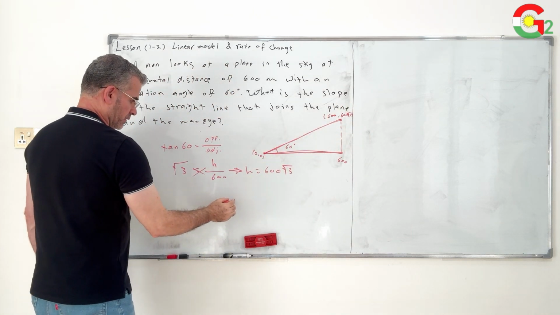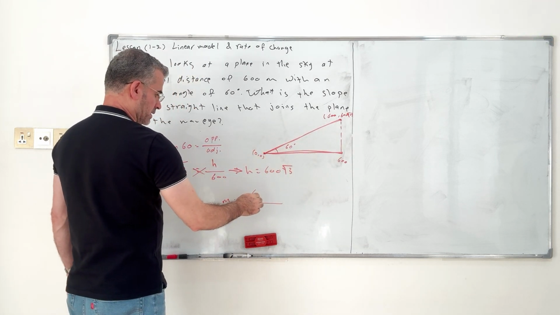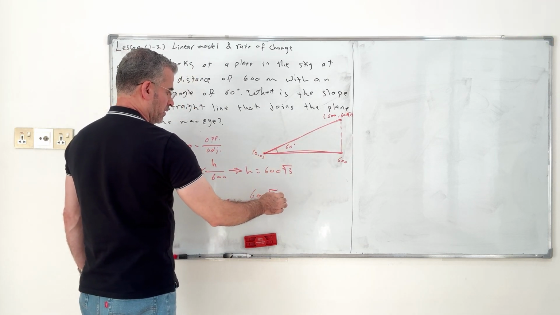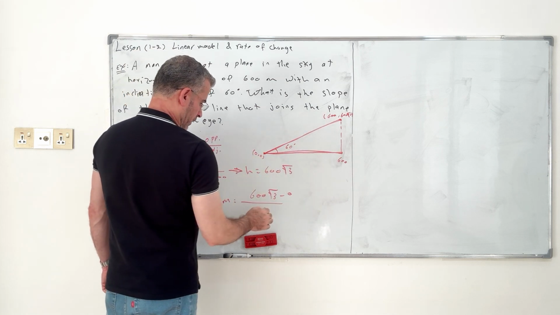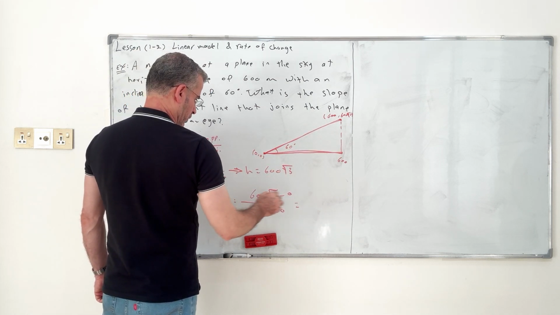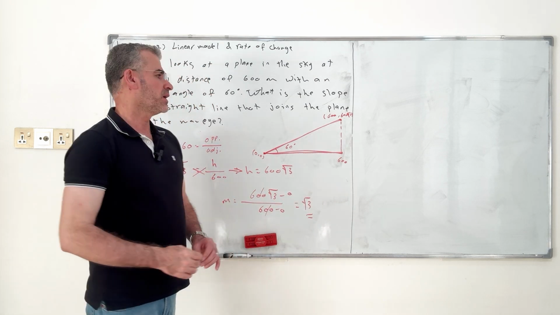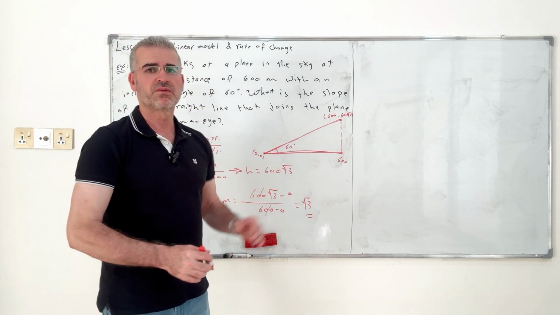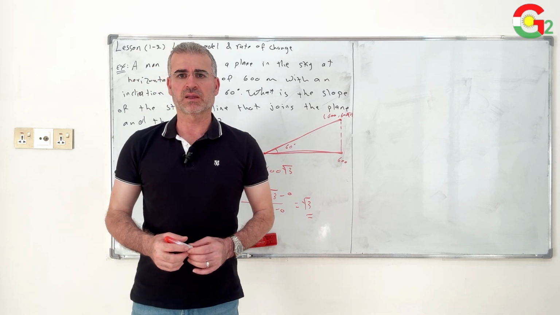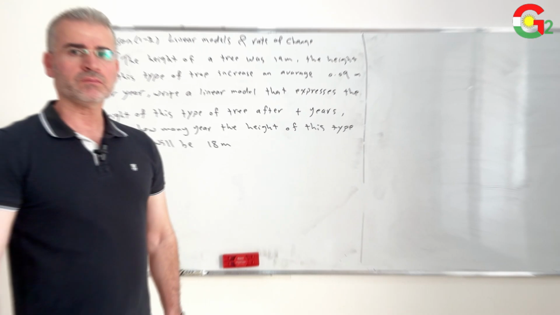Then the slope will be y2 minus y1, 600 square root 3 minus 0 over x2 minus x1, equal to square root 3. This is the slope of the straight line joins the man's eyes with the plane.